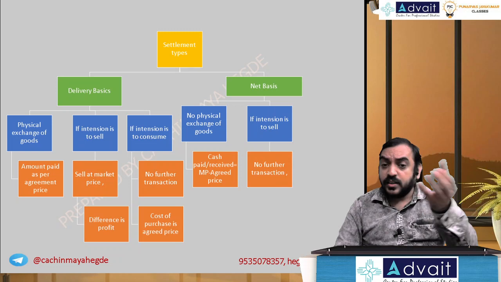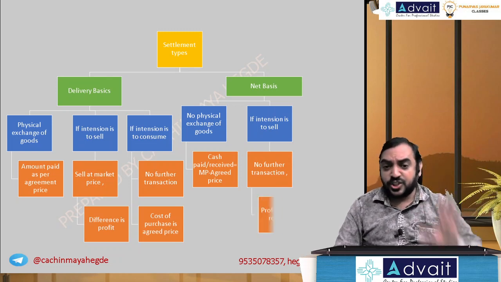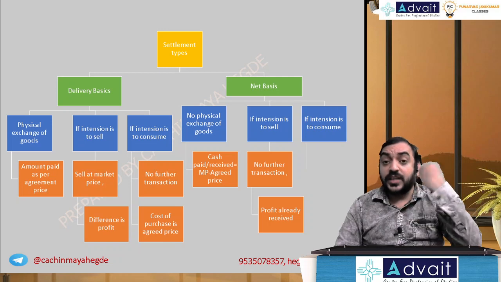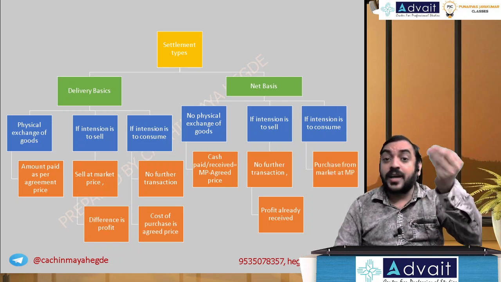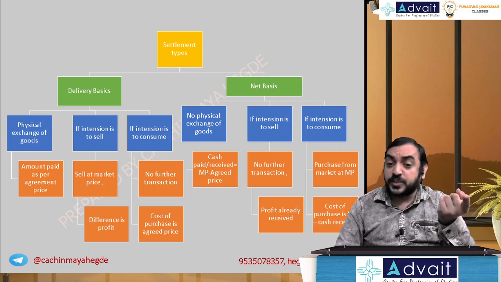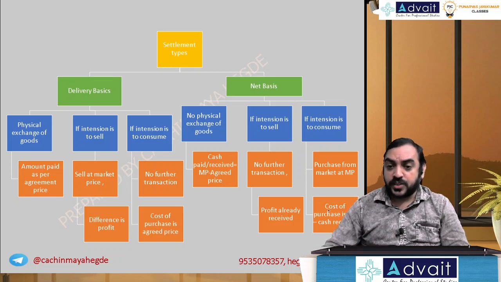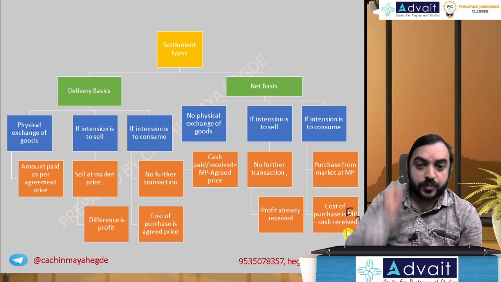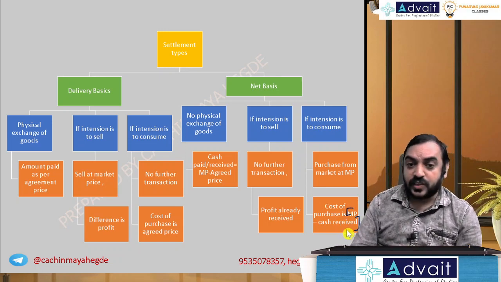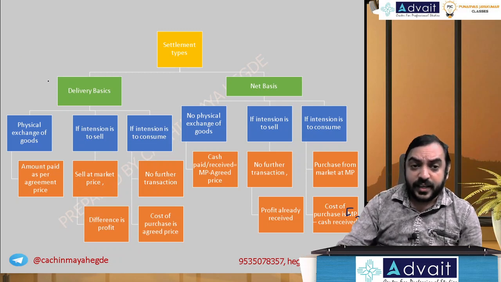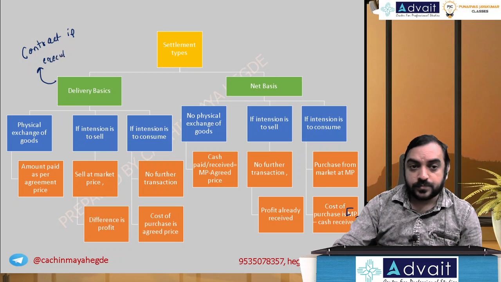If the intention is to sell, yes, no further transaction, the amount received is your profit. If the intention is to consume, then you are going to purchase at the market price, 105 rupees in my example, and 5 rupees profit you already received. Net amount is your cost of material. So cost of purchase is market price minus cash already received. So ultimately, in delivery basis, the contract is honored and executed, and in net basis, the contract is cancelled.